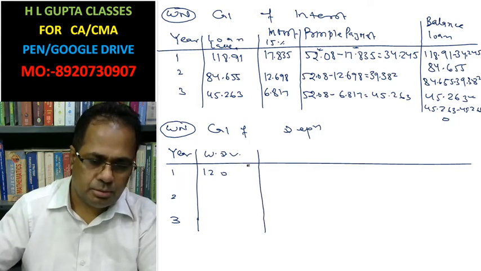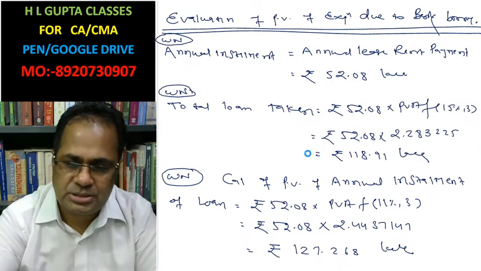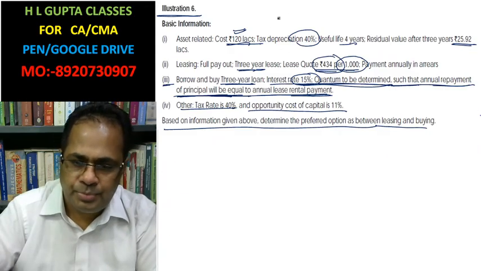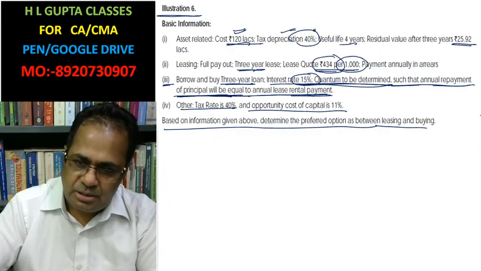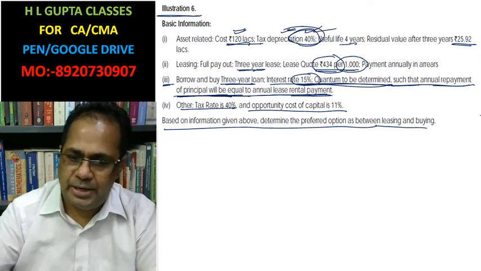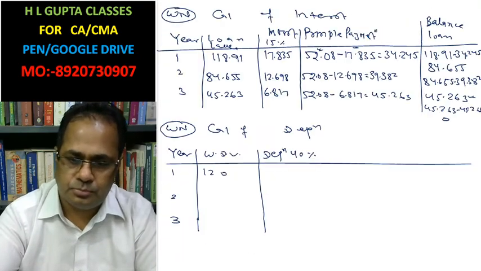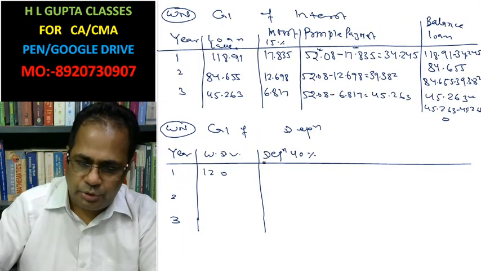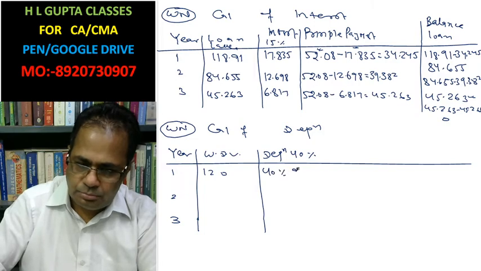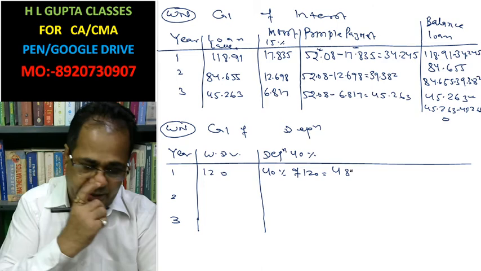Depreciation is 40%, because depreciation is given as 40% for tax purposes, and the scrap value, residual value, is 25.92. So 40% of 120 is 48.